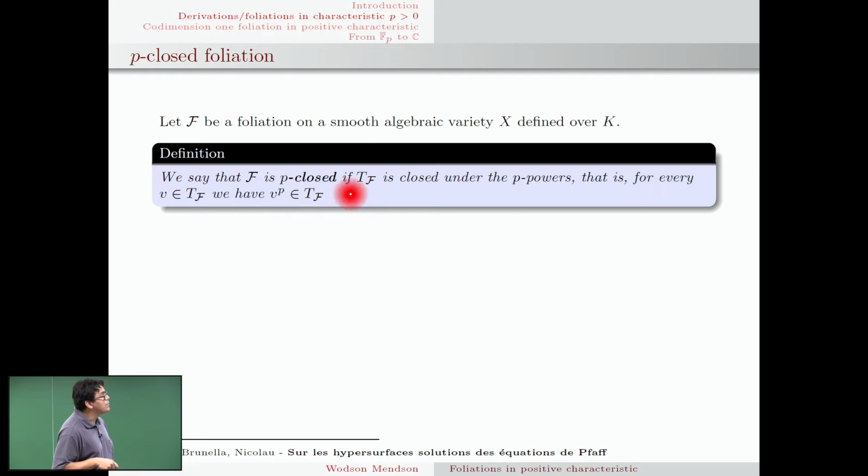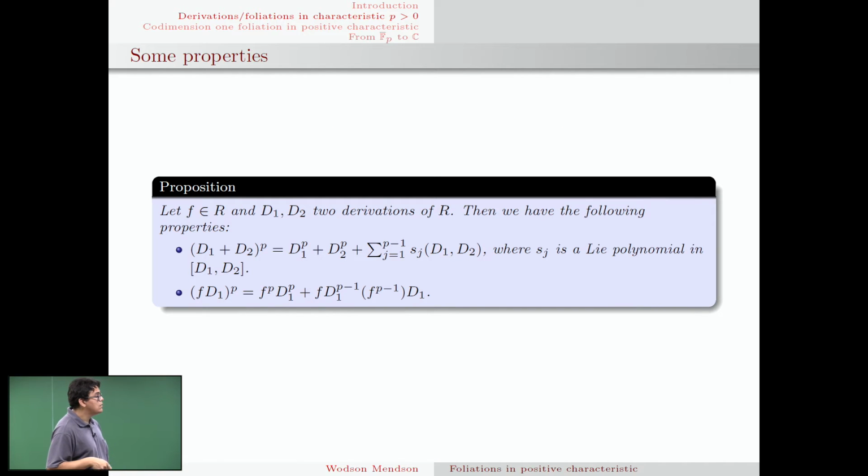So I'll talk about the closed foliation. So we take a foliation in a smooth algebraic variety X. I'm confused with your previous formula. Why did you write it as a sum? Why did you write a sum of different polynomials, and exactly p minus 1 of them? Not here, just one polynomial, the first formula. Sorry, I don't understand that.